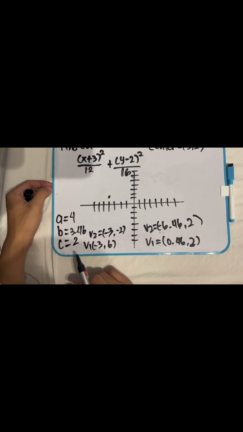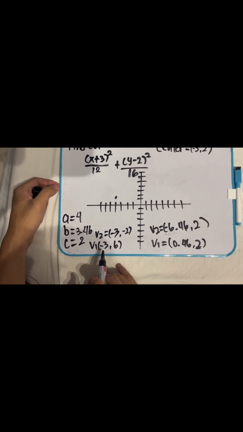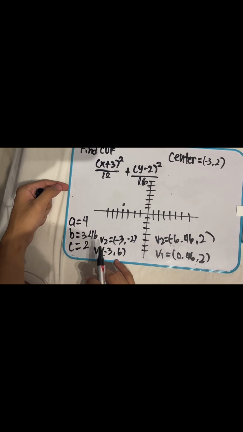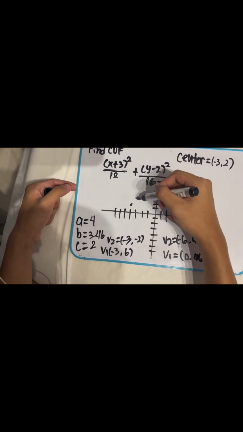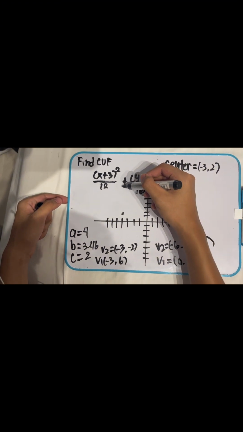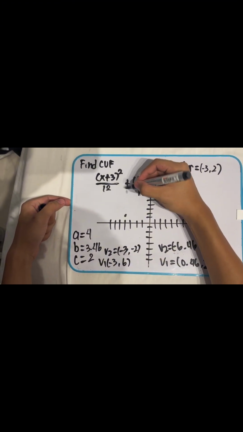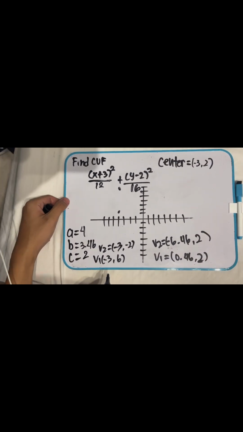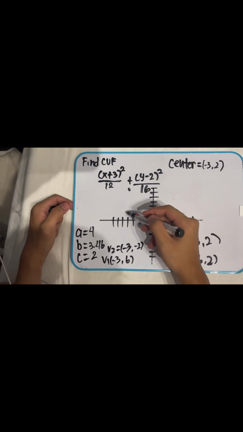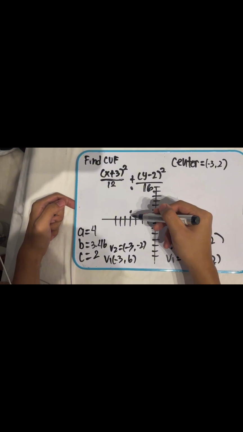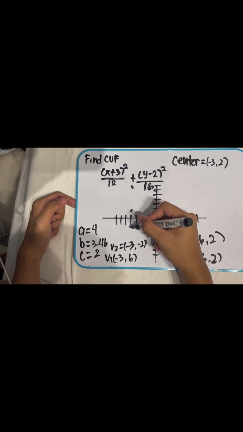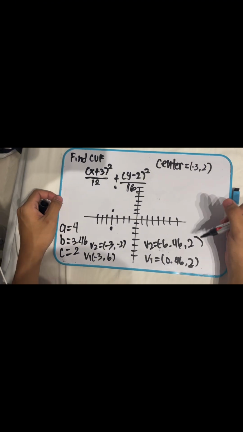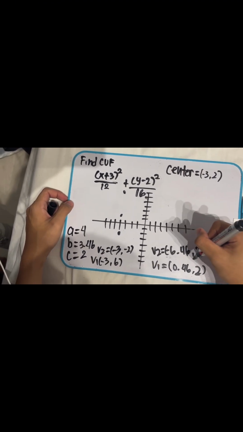Then we get the vertices and the co-vertices. We get the vertices first, which are -3 and 6: 1, 2, 3, 4, 5, 6. So we go here. Then our second vertex, -3 and -2: 1, 2. It's here. Then our co-vertices, 0.46 and 2.